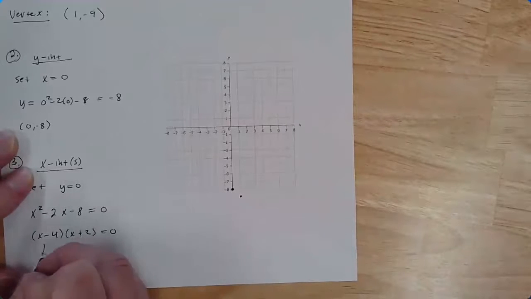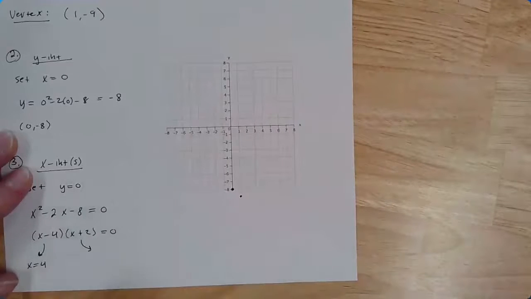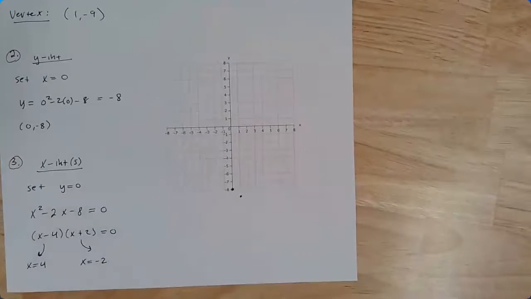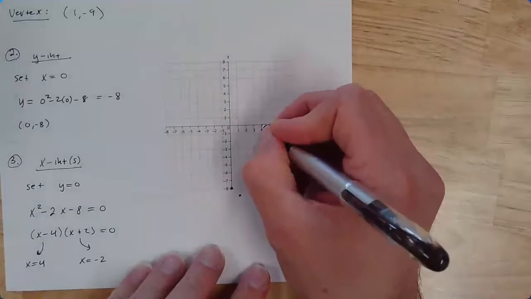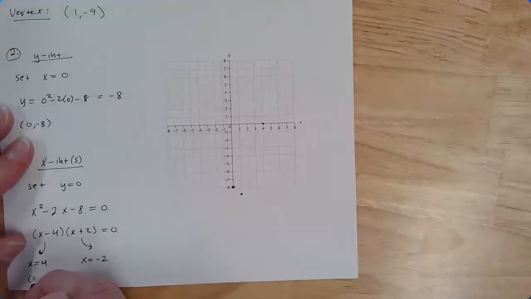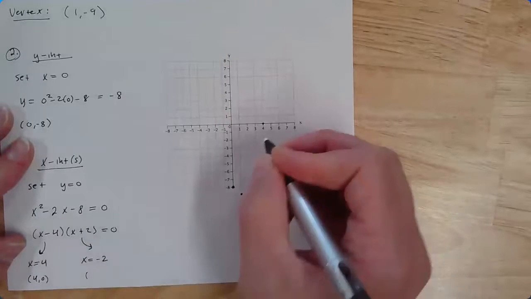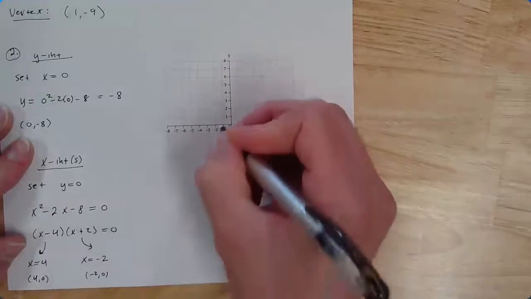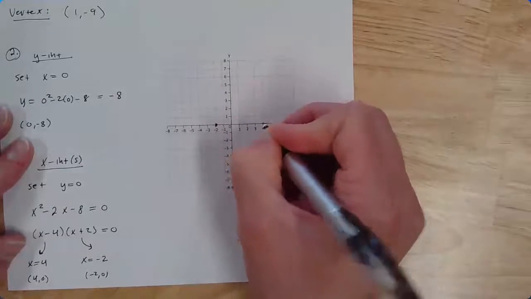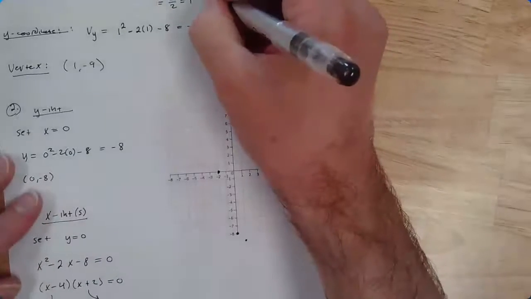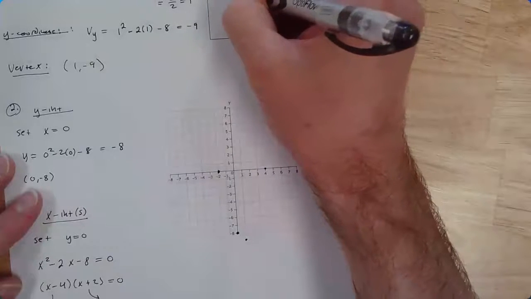Setting x minus 4 equal to 0, I get x equal to 4. Setting x plus 2 equal to 0, I get x equal to negative 2. My x-intercepts are 4 comma 0 and negative 2 comma 0. So that's the third step in finding the parabola, is find the x-intercepts if there are any.